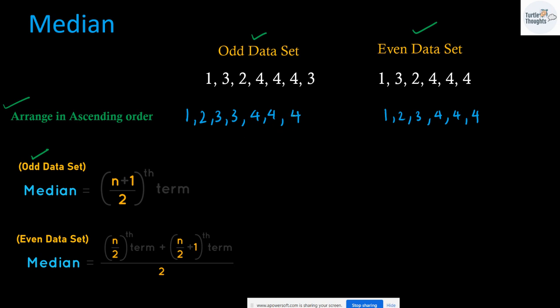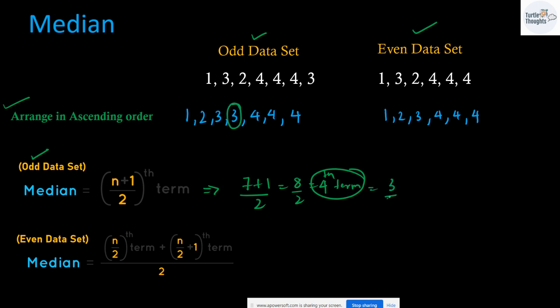There are totally 7 terms. So the median is going to be 7 plus 1 divided by 2, which is 8 divided by 2, which is 4. The fourth term is going to be the median. So 1, 2, 3, and 4. This is going to be the median.